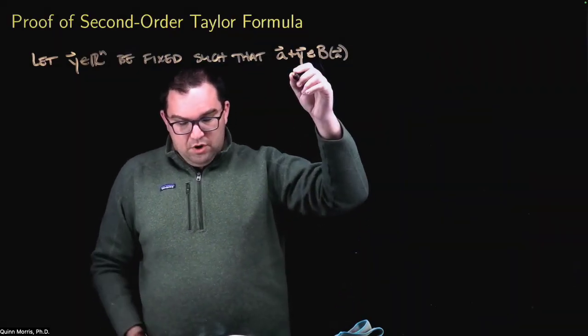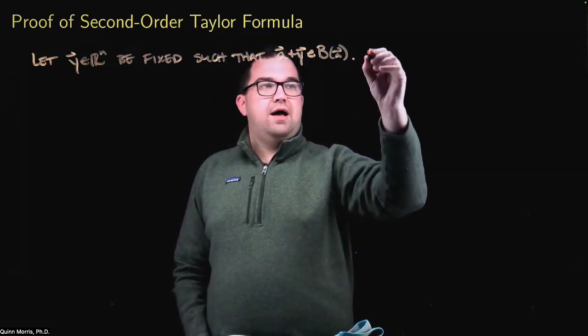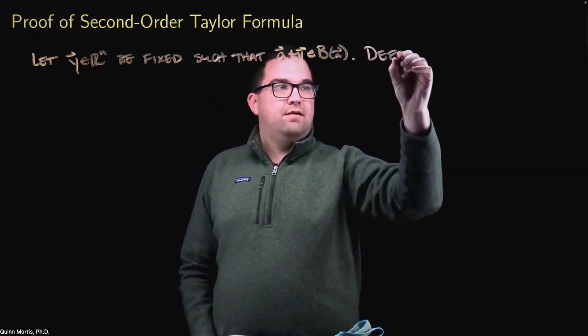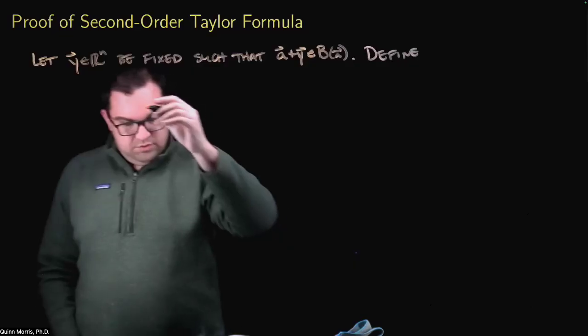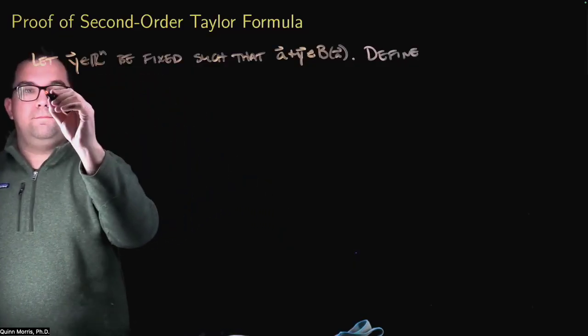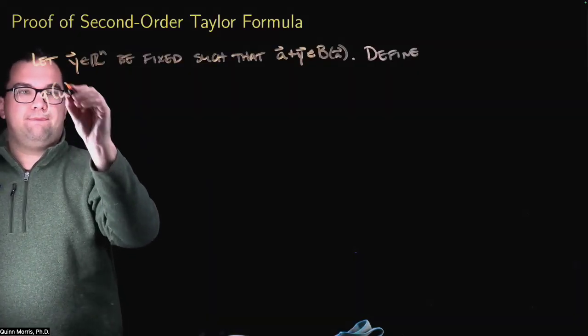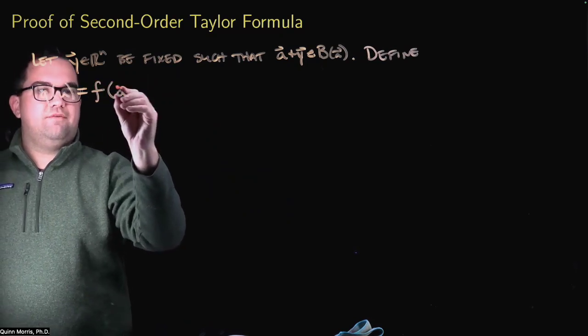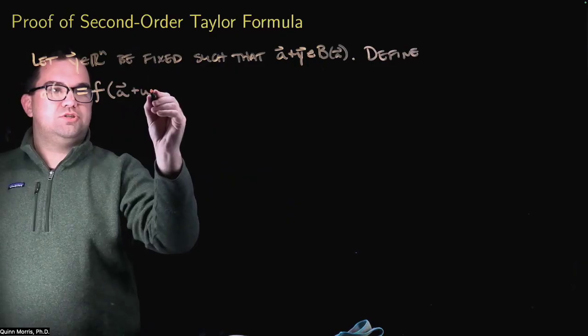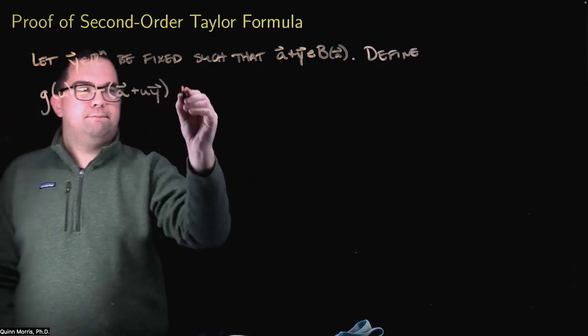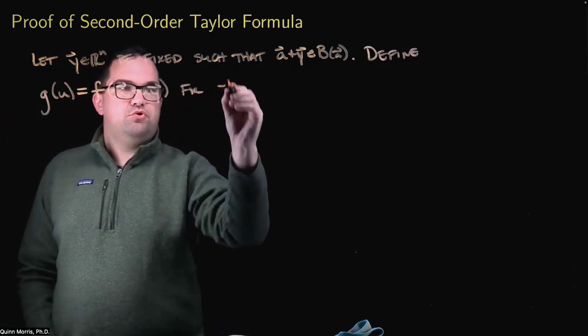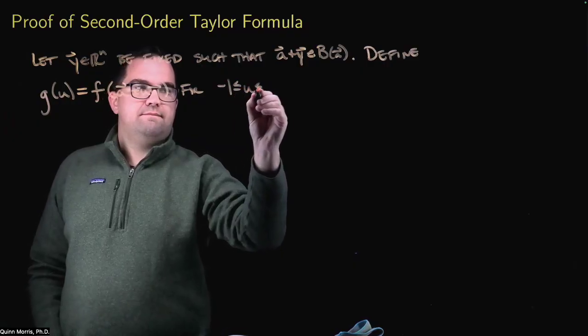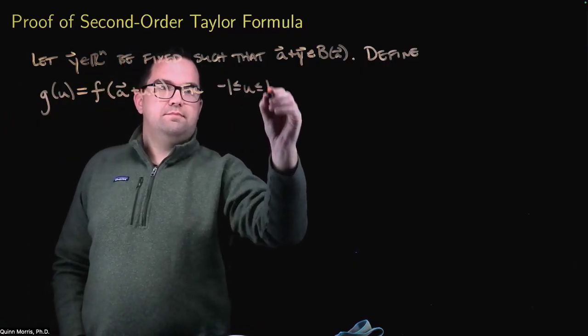All right, so we're going to define a function g of u to be f of a plus uy for u values between -1 and 1.